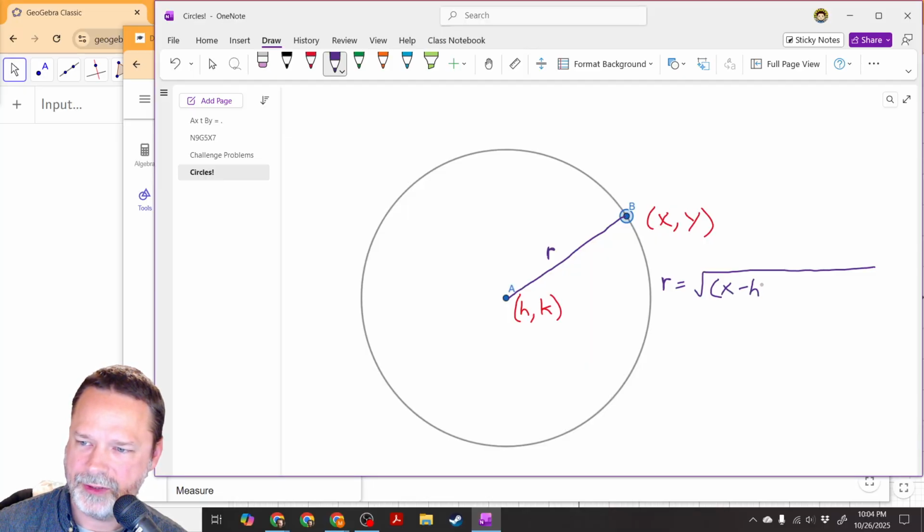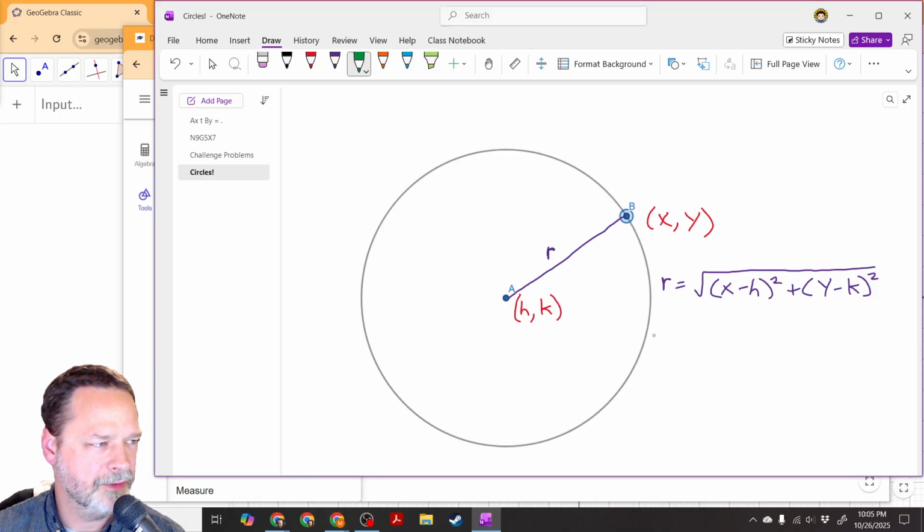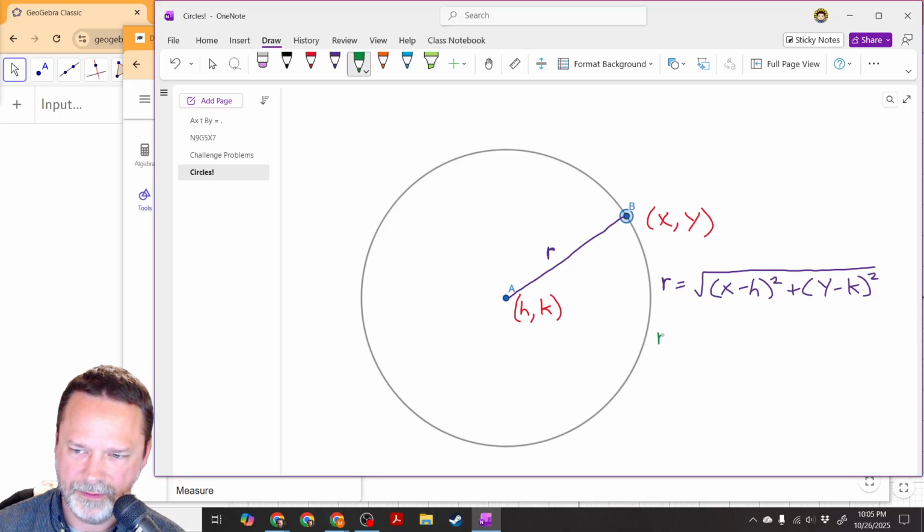And so that distance is going to be, for us, the square root of x minus h squared plus y minus k squared. And if we square both sides, we'll get the equation for a circle that we use in algebra.